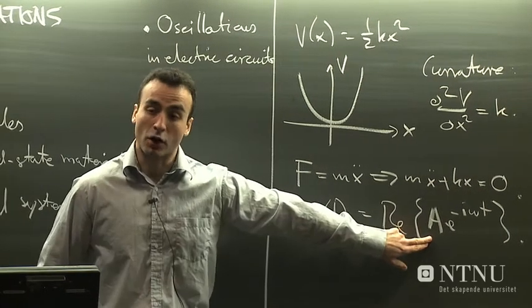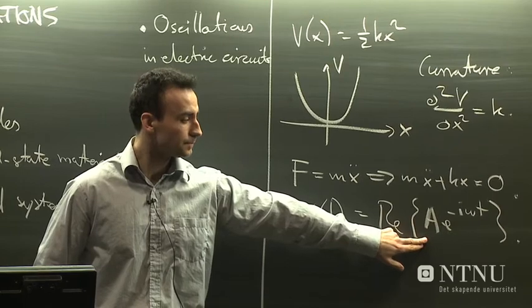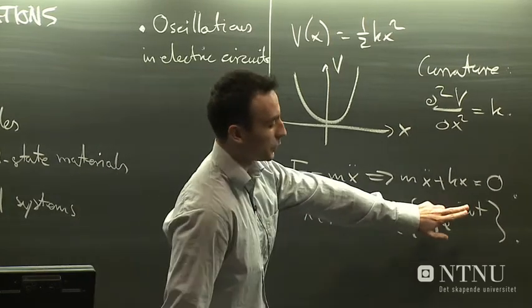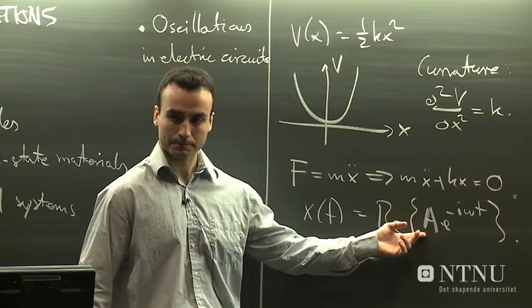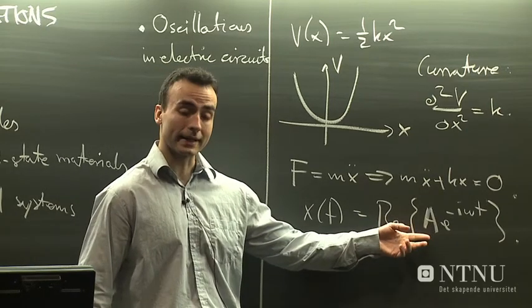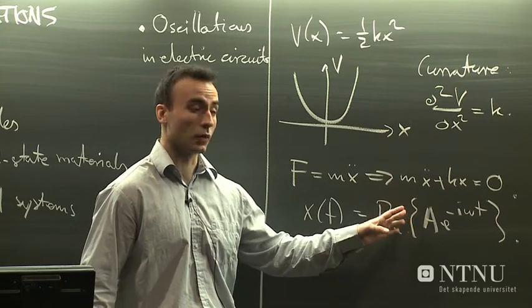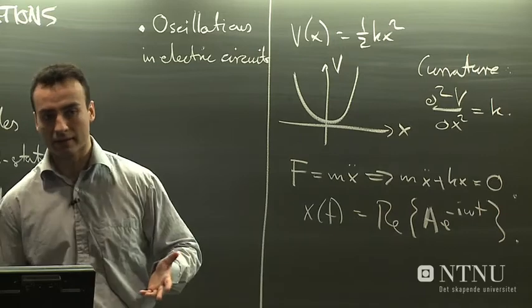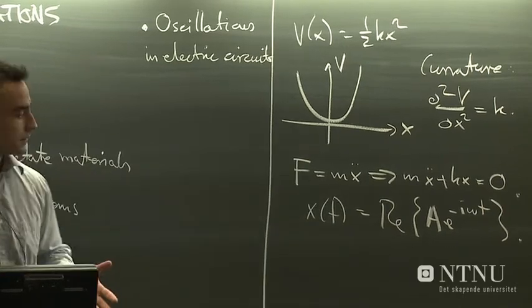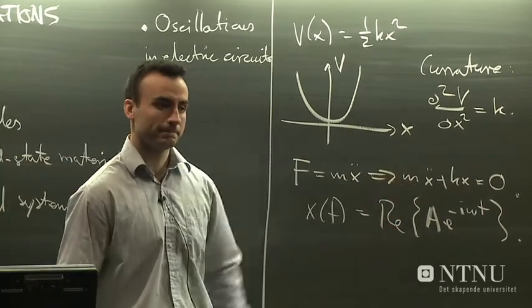And here A is a complex coefficient, and omega is some real frequency. So it's important here that A is complex. Because if A is a real constant, then this becomes A cosine omega t. But is this the general solution to this equation?